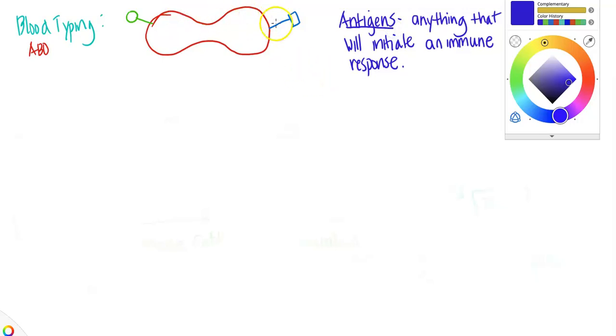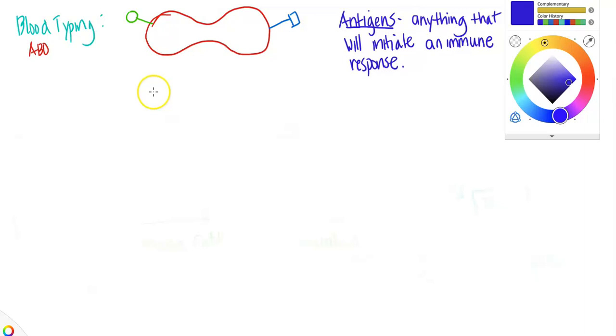And when we say an immune response, if I give someone blood that is not the same antigen, then that person's body will cause an immune response against that thing. Okay?